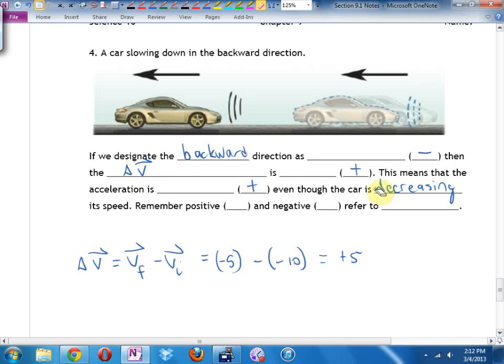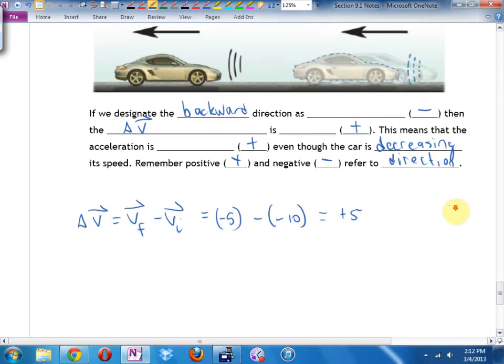That means the speed is decreasing. That matches what I said? Yep. Now, how can I get the direction of the acceleration? The direction of the acceleration comes from whether this is positive or negative. It comes from your final minus initial. Because remember, positive and negative refer to direction.